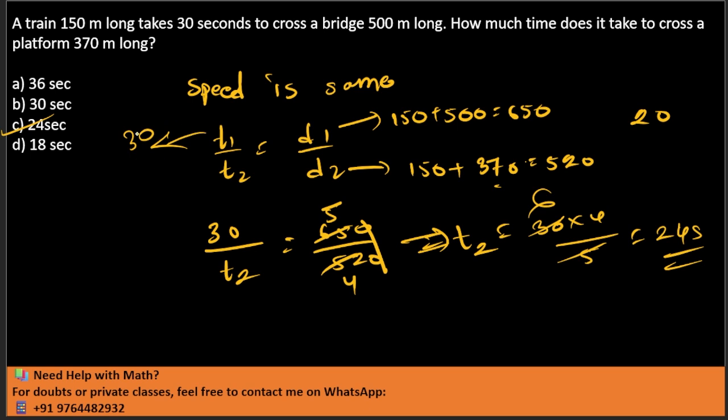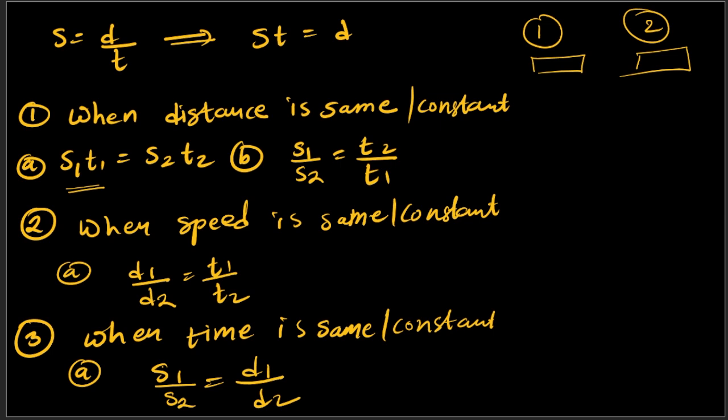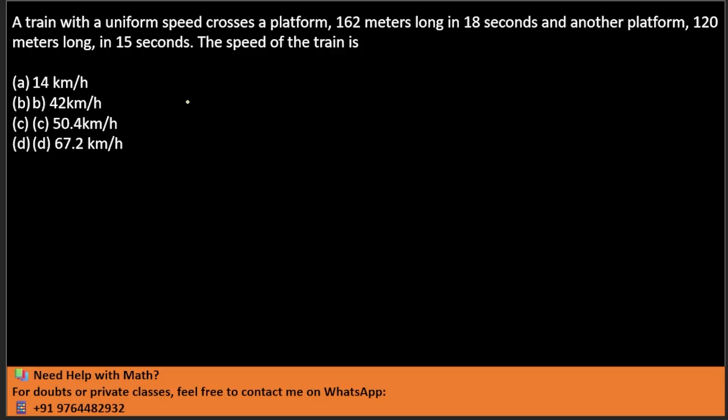Then only we can apply the relation. If you want, then I can bring the derivation, that how can we find these relations, that s1 t1 is equal to s2 t2. I will bring a video on this concept. Now let's move to the next question.